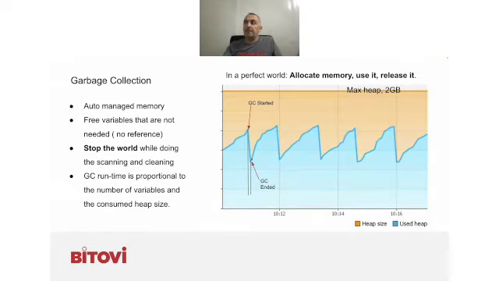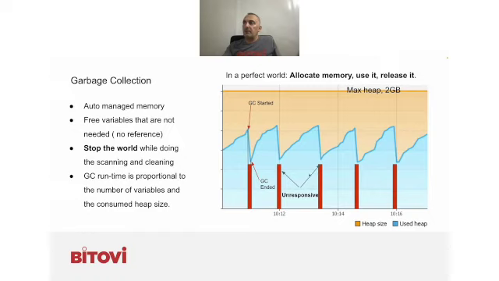We also need to know that whenever the garbage collector runs, the amount of time taken is proportional to the number of objects, variables, arrays and all the stuff that we're using. If you check the red areas, these are the time required, not vertically, I'm talking horizontally.